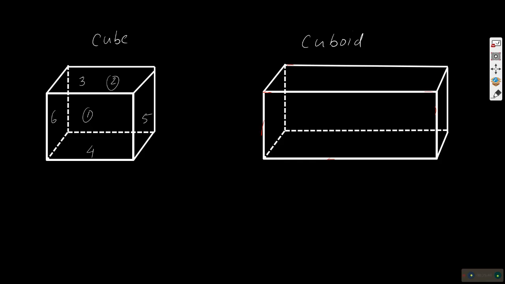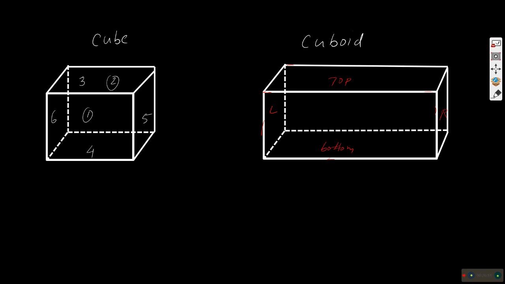So 2 such similar faces, and here on my left and right 2 similar faces, also rectangles in shape, and on top and bottom again rectangles similar in size and shape. So we have 6 faces, and opposite faces have the same area, and length is there, breadth is there, and there is a height or depth we can think about also.